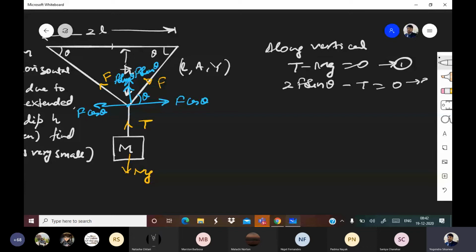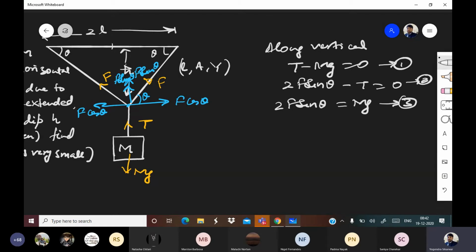So that gives us 2F sin theta is equal to mg. 2F sin theta is equal to mg.